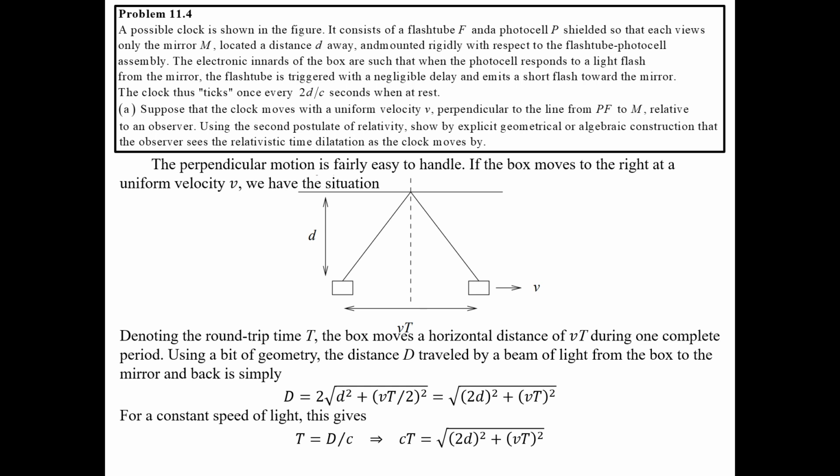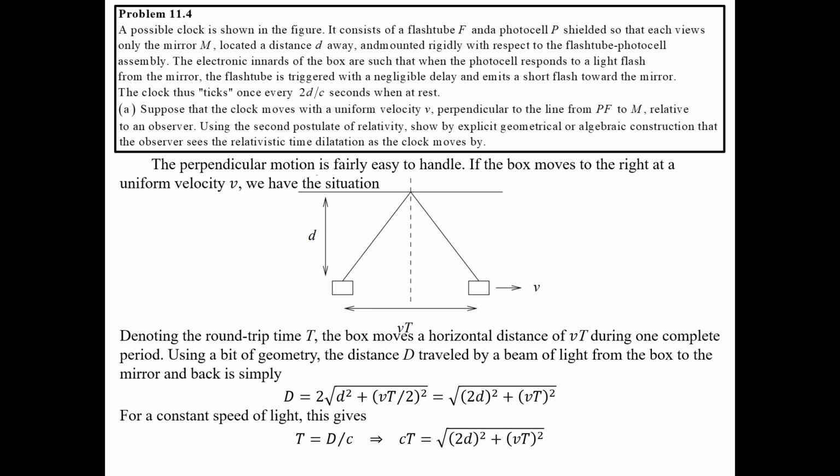And for problem 11.4, a possible clock is shown in the figure. It consists of a flash tube F and a photocell P shielded so that each views only the mirror M located a distance d away, and mounted rigidly with respect to the flash tube photocell assembly.